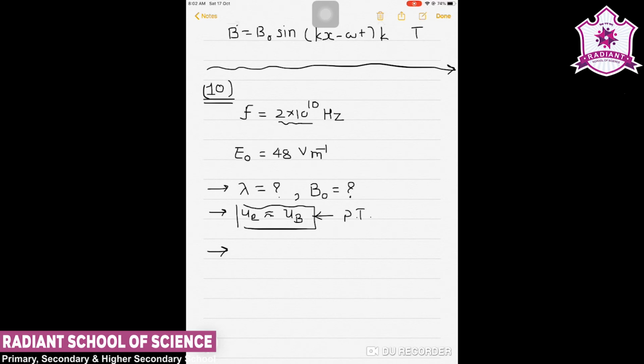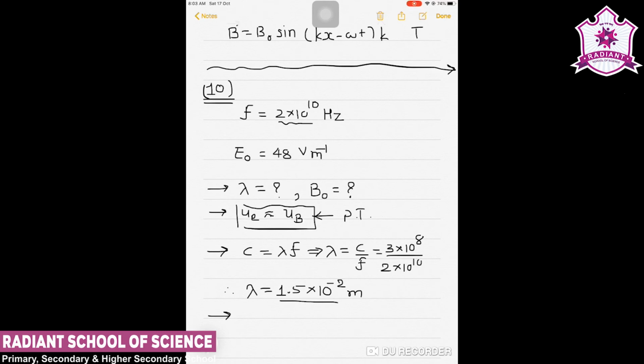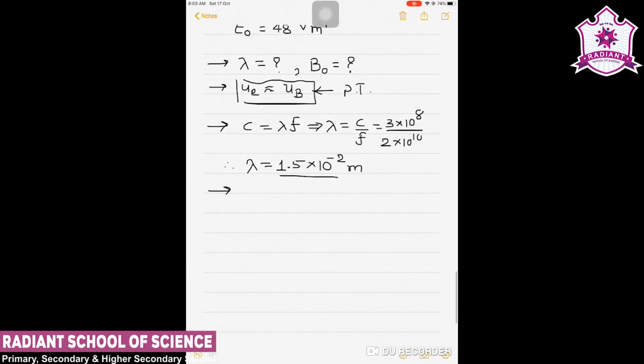First, lambda is asked. We can say that c equals lambda f. So lambda equals c by f. We have the value 3 into 10 raised to 8, and f is given as 2 into 10 raised to 10. So lambda will be 1.5 into 10 raised to minus 2 meter. That is the lambda. Then we are asked to find B0.